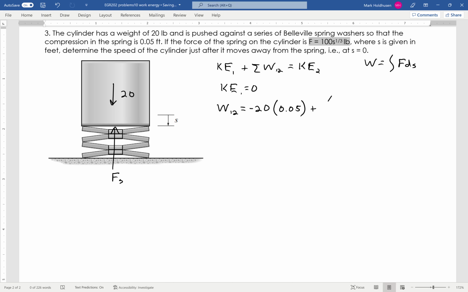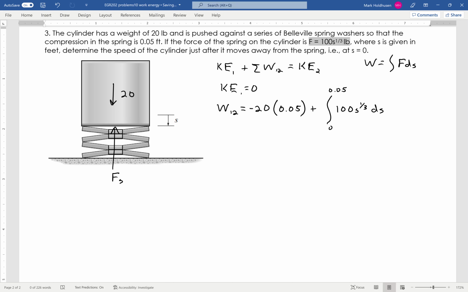So I take the integral where the force as a function of s is 100 s^(1/3) ds, and this occurs from 0 to 0.5. That's a positive work again because the spring force is in the same direction as the motion. So you have that integral given right there.